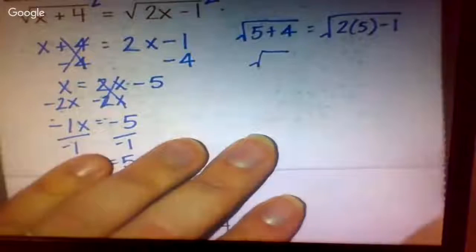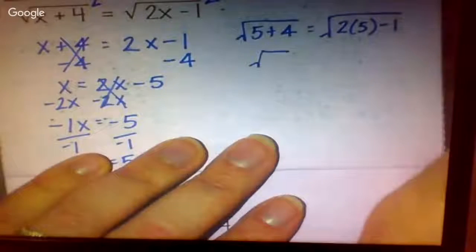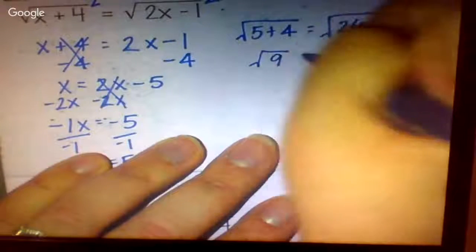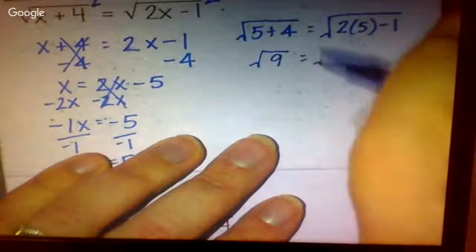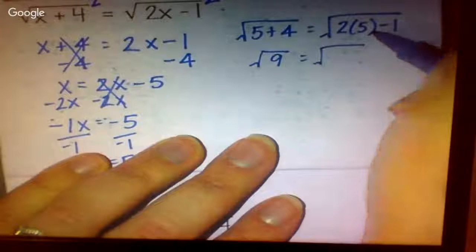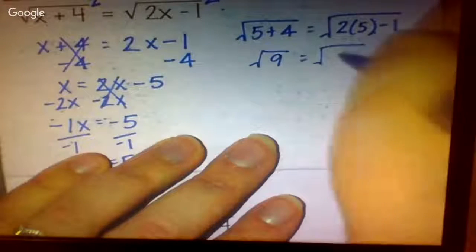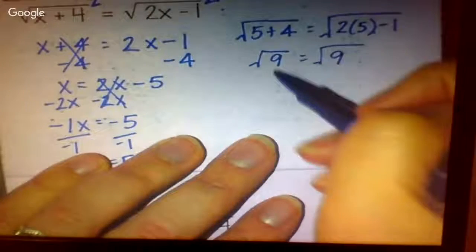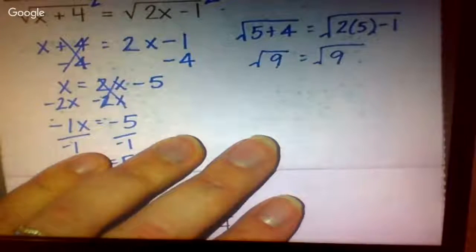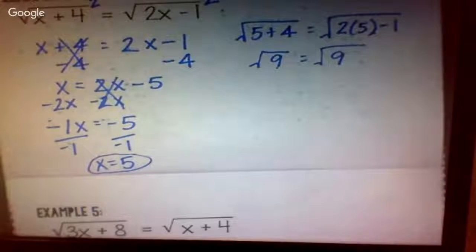On the left, I get the square root of, what's 5 plus 4? 9. What's 2 times 5? 10. Minus 1 is 9. Does the square root of 9 equal the square root of 9? Yes. x equals 5 is your answer.